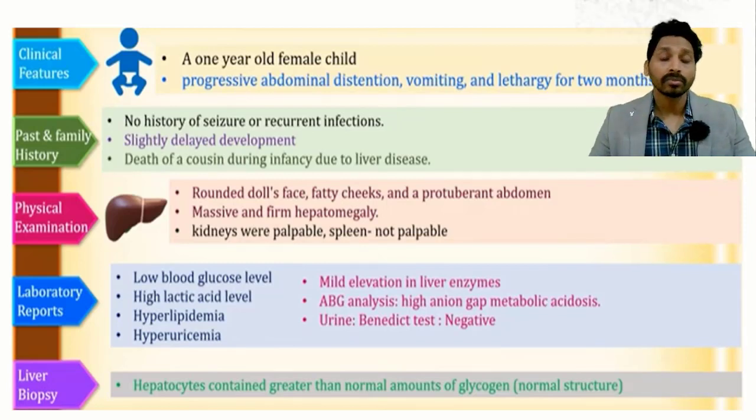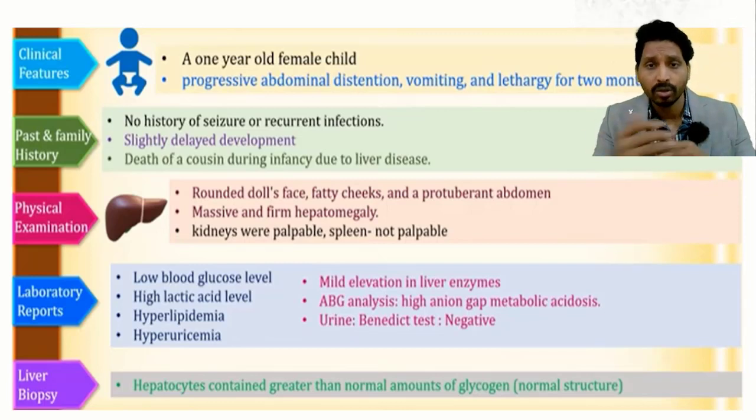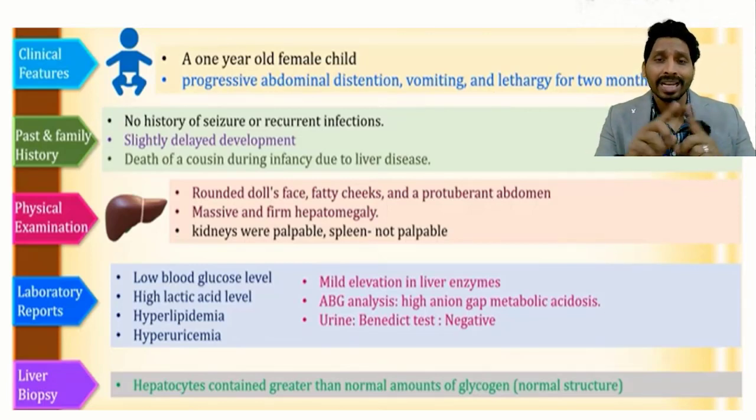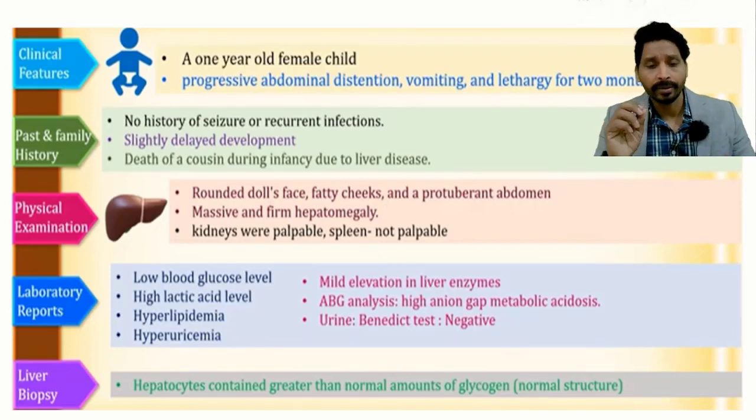Remember all this. Understand? The next point is that 1B is also there, that is deficiency of the translocase of glucose 6-phosphate to the endoplasmic reticulum. Remember, glucose 6-phosphatase is present in the endoplasmic reticulum of hepatocytes.